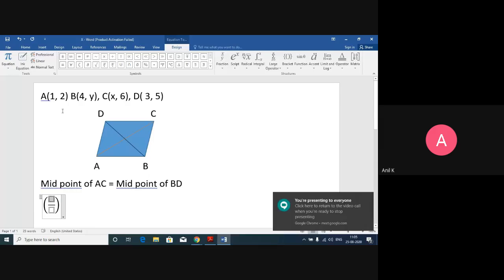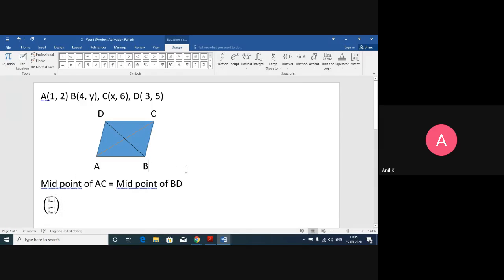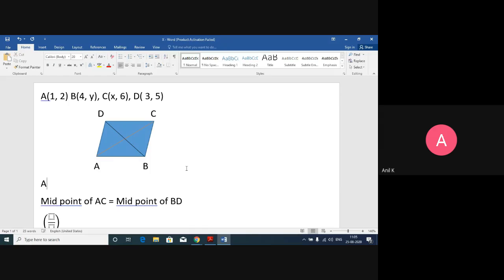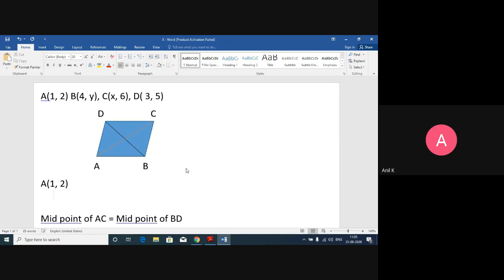So here I take AC. Let me put the points. Point A is given as (1, 2), so we can call it (x1, y1). Similarly, C is the second point, so we can call it (x2, y2).